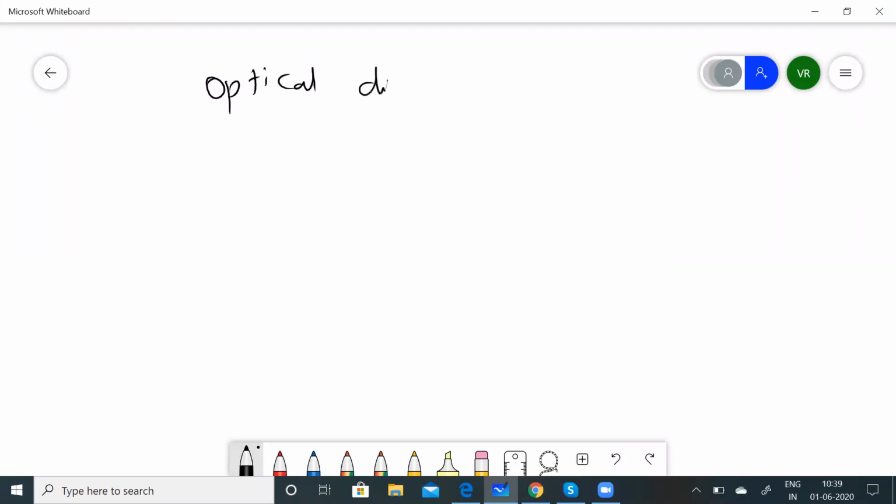Optical distance is equal to mu x. So time is going to be equal to distance by speed, that is mu x by c, where c is the velocity of light.